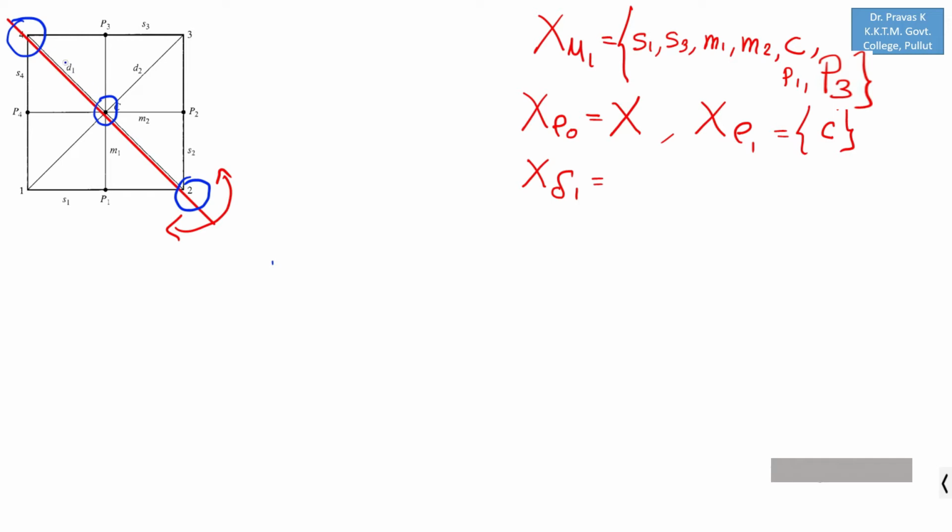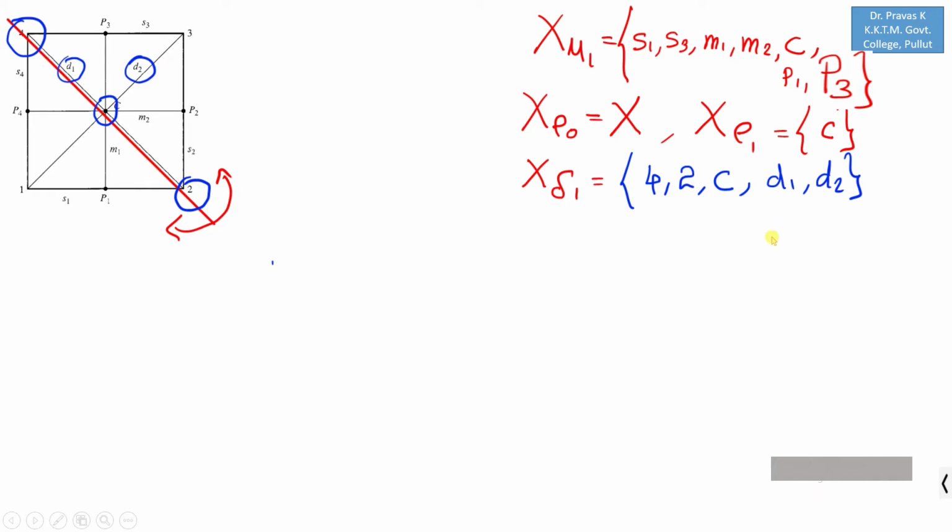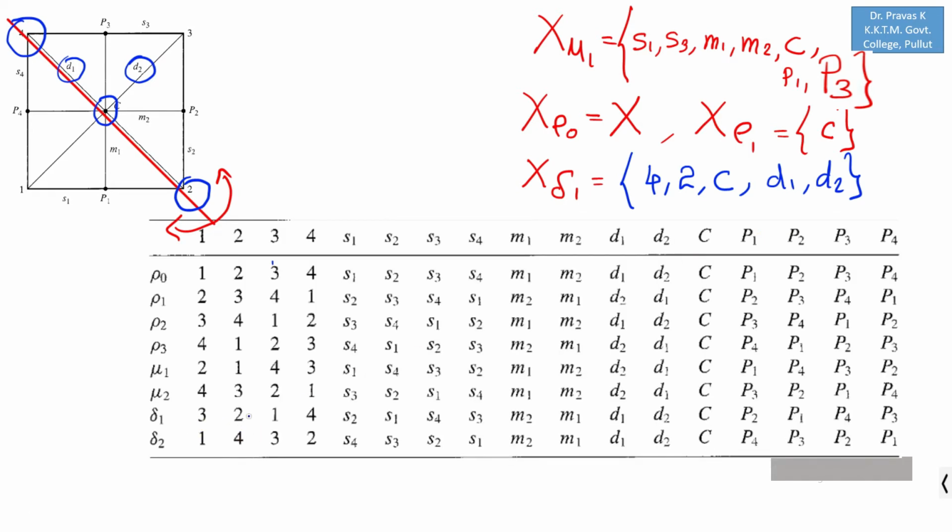Also the center and the diagonals D1 and D2 remain unchanged under this action. So you can see that X_delta1 contains the elements 4, 2, C and the diagonals D1 and D2. Now looking at the table, it is easy to verify the answer. So you can see that the elements 2, 4, D1, D2, C are left fixed under this action.